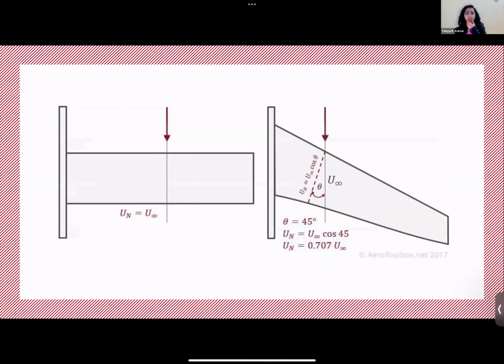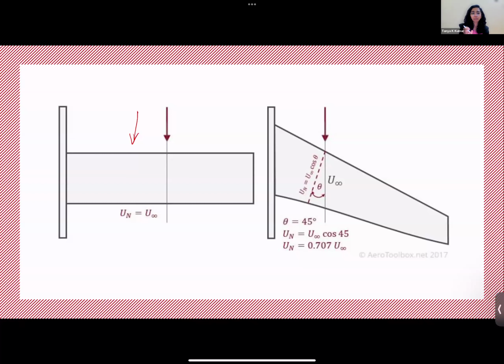So this is how a swept back wing gives you a lesser normal velocity. If it did not have a sweep, your incoming velocity and the normal velocity would both be the same, V infinity. What the surface of the wing sees would be V infinity. But because there is a sweep back angle, this V infinity is reduced.